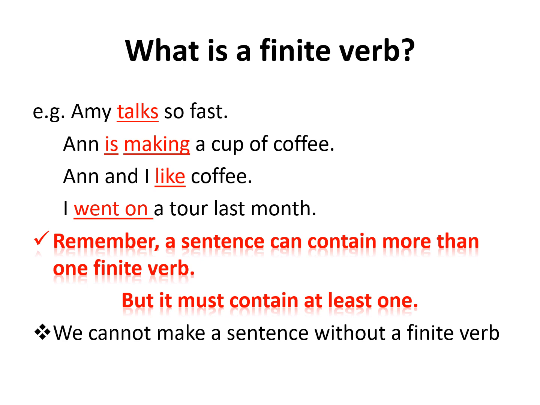In the fourth sentence, I went on a tour last month. So the subject I is first person and I is singular number, and in this sentence the verb is in past form because the sentence is in past indefinite.